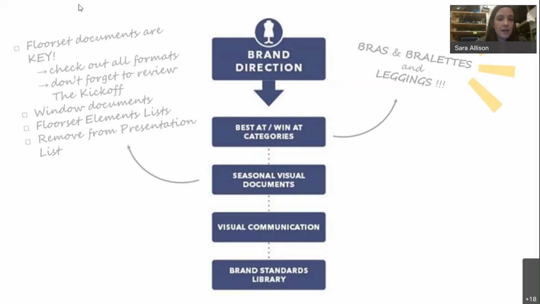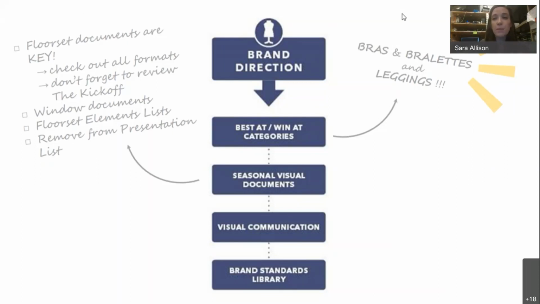So next are going to be a little bit more tangible tools. The first one's more of just an idea of protecting these categories. Next, we do have tools that really help you understand the brand direction each season. So of course, floor set documents, huge in telling us what the story is for the season, what the brand is trying to communicate to the guests each season. And I would encourage you here to really check out all formats of floor set documents.